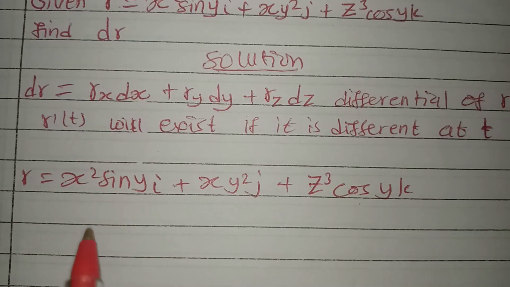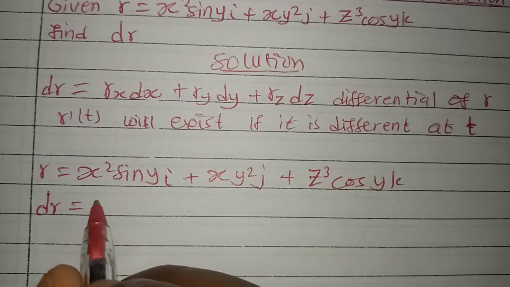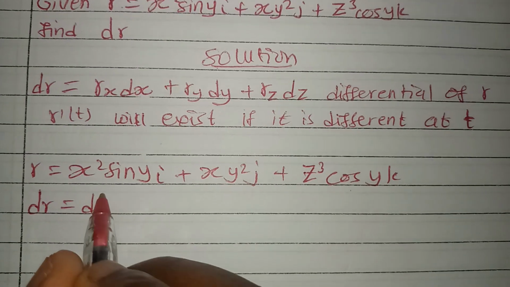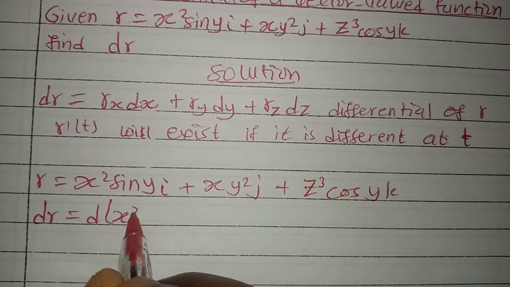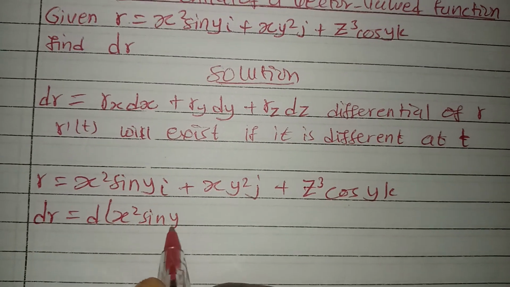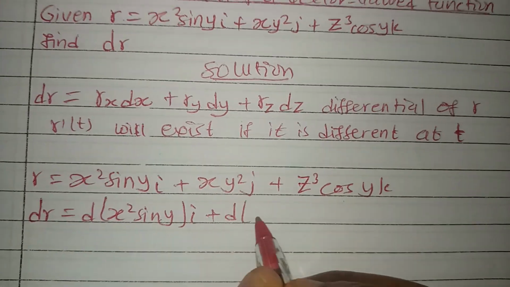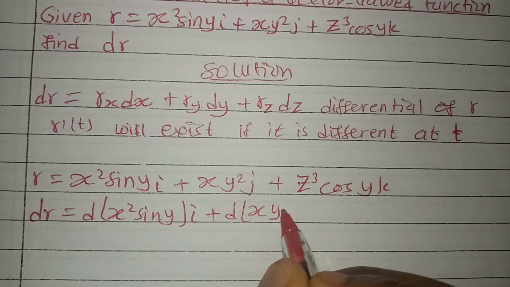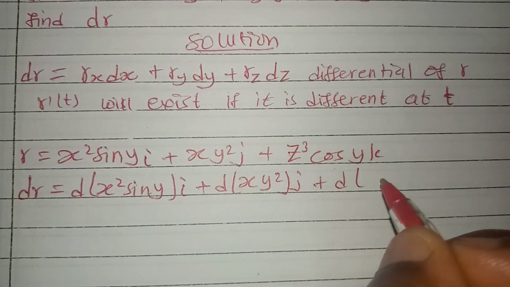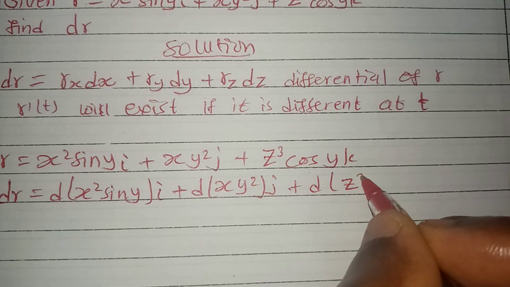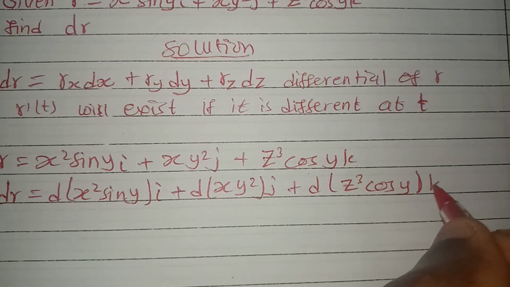Differentiating this term by term, we are going to have dr equal to the differential of x squared sine y i plus the differential of xy squared j plus the differential of z cube cos y k.